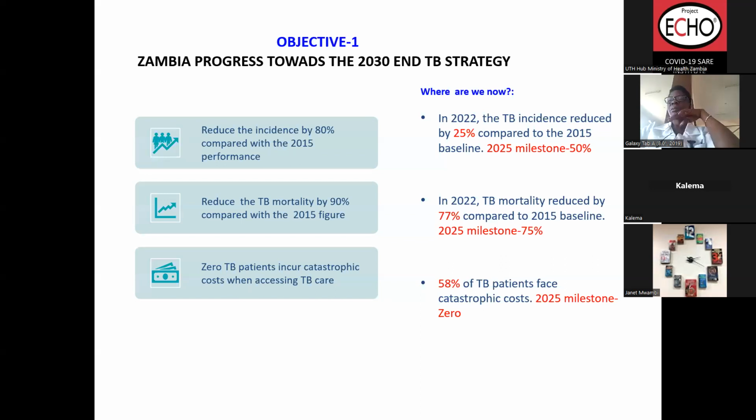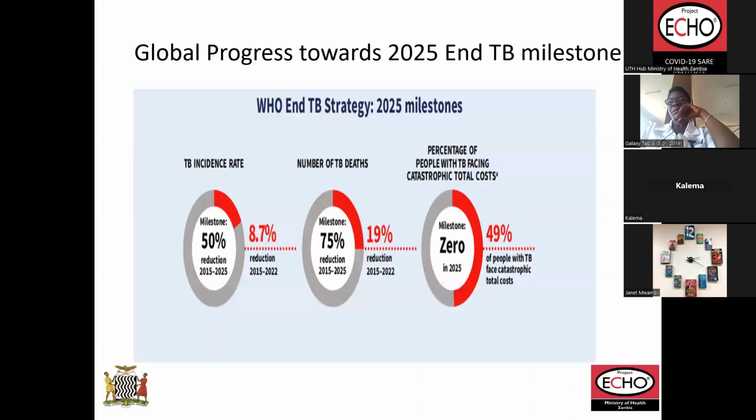We are already at 77% as of the year 2022. So this is an indicator where we feel confident that we might reach it in good time. For catastrophic costs, we are looking at 0. But as of 2020, 2021, we reported that at least 58% of our patients were being pushed into poverty. So what does that mean? Before we beat ourselves up, I can give a global comparison.